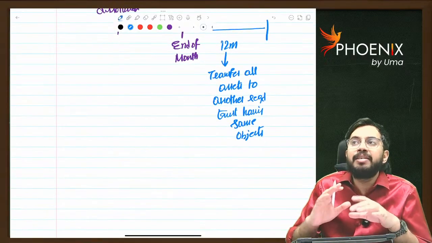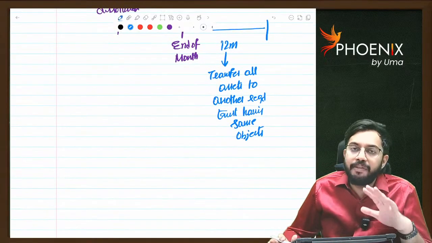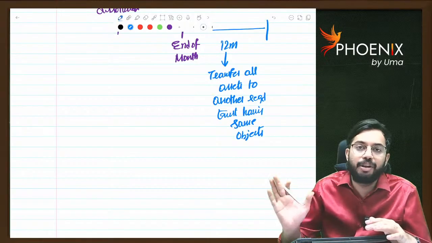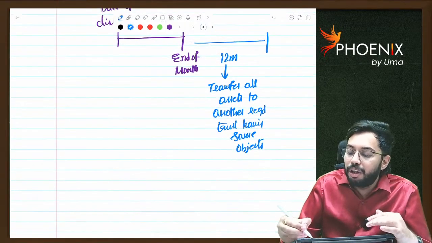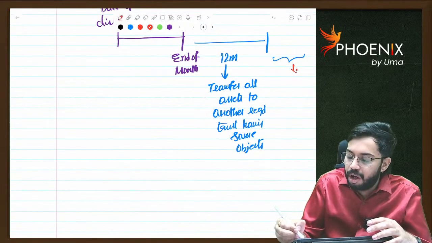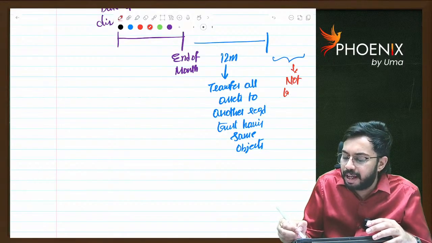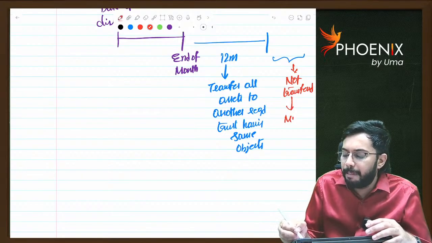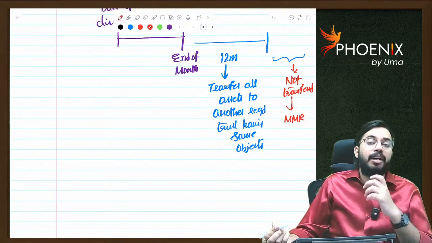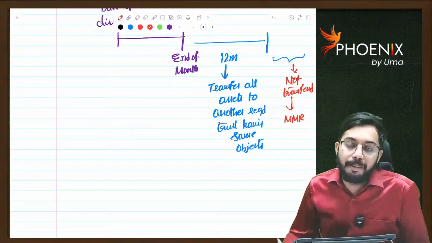Then whatever assets are transferred to another registered trust having the same objects, on that tax is not levied. Whatever assets are not transferred to another trust having the same objects, on those MMR is applicable. Tax is required to be paid at the rate of MMR.